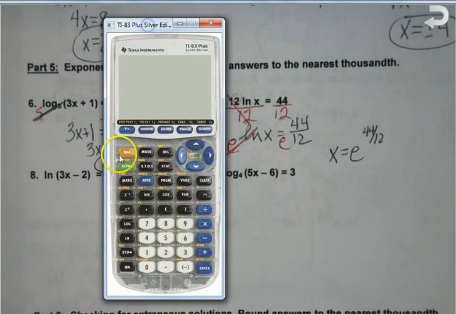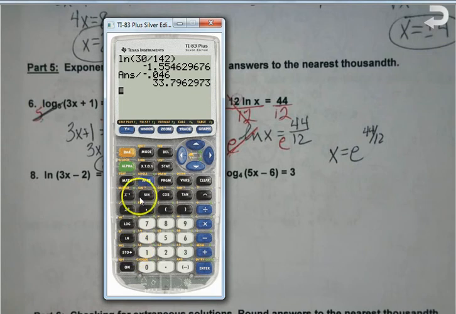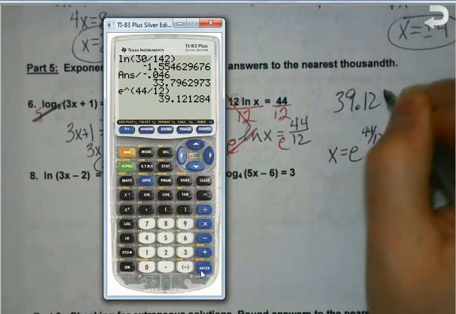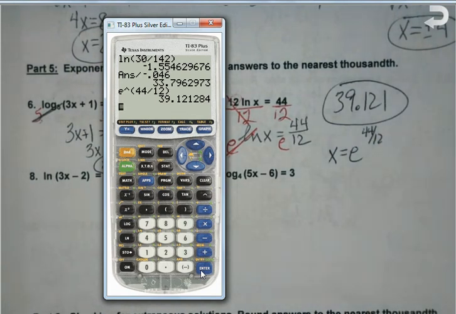So when I go to plug that in, again, to get e, it's second natural log. And then make sure we get our fraction in there and we close our parentheses. Once that's done, we can get our solution. Never round until the final step is going to be your key on these.